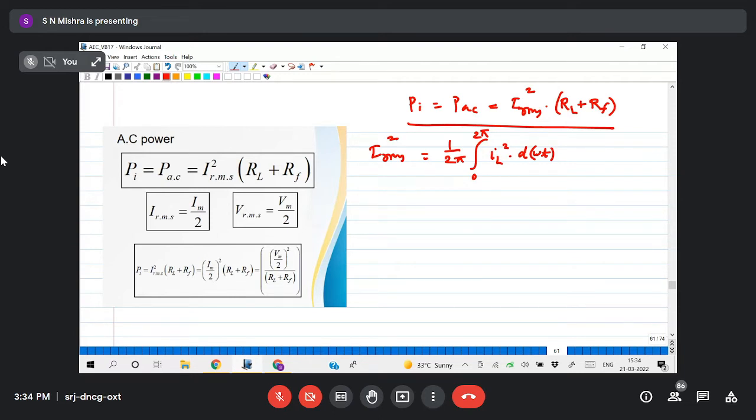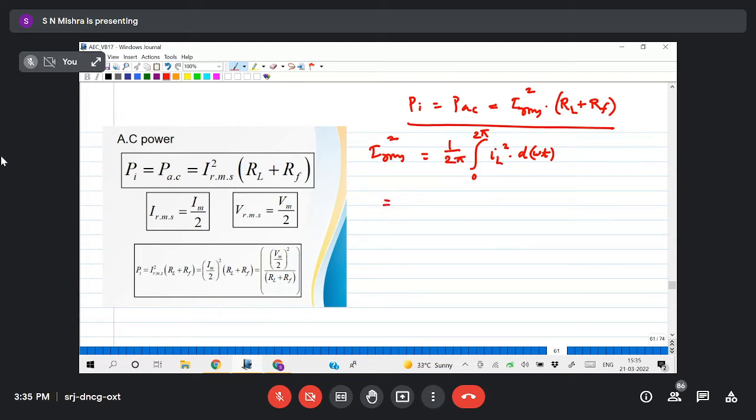So 1 by T integration of 0 to T IL square d omega T. IL from 0 to pi varies as Im sin omega T, and from pi to 2 pi it is 0.